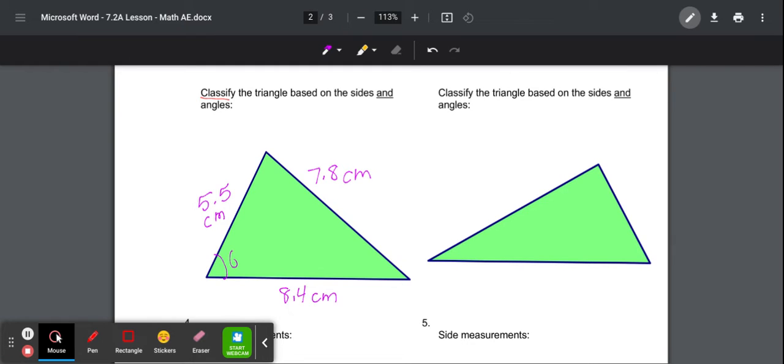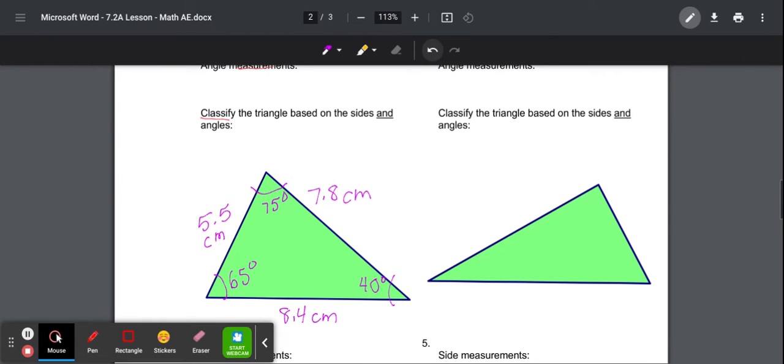Then the angle down here at the left is 65 degrees. The top angle here is 75 degrees. If you take your protractor and measure those angles, that's what you should get approximately. And this last angle in the bottom right is 40 degrees.